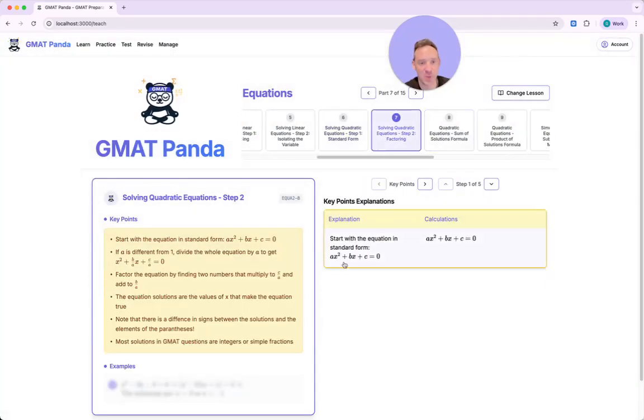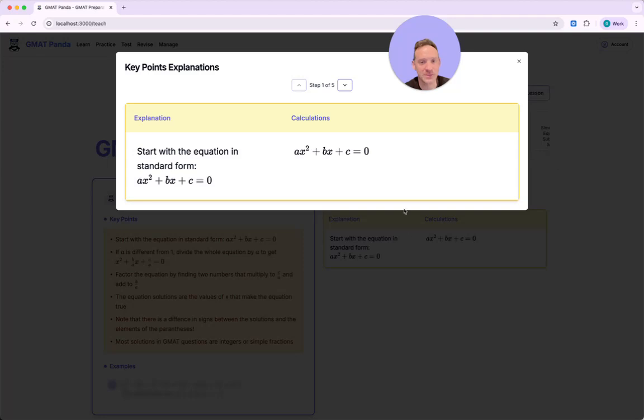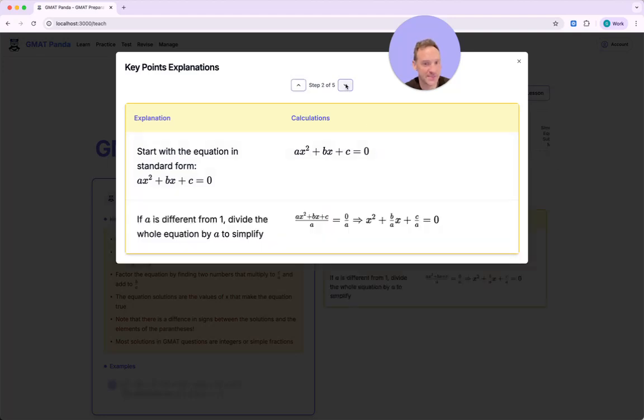Once we've got it in that format, what we want to do is divide everything by a. There are some shortcuts to this, which we'll see in a second. But in the cases where a is not equal to 1, we want to still have effectively 1 in front of the x squared. So we're going to divide everything by a, and then these coefficients become b over a and c over a.